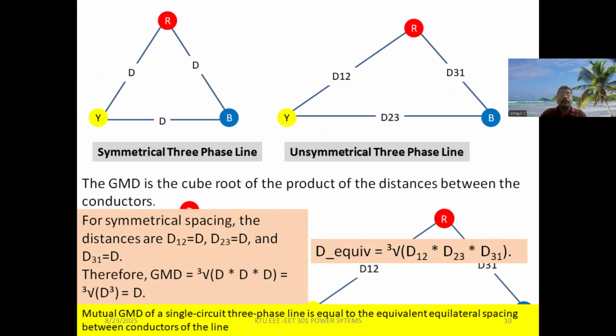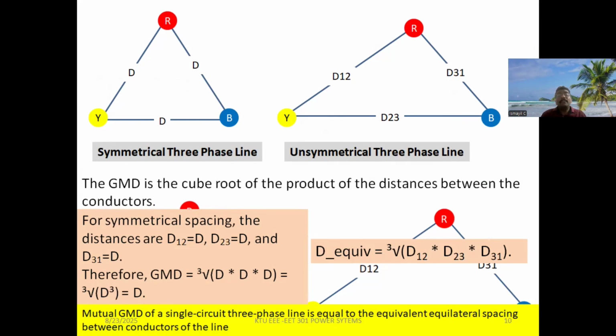Therefore, GMD is equal to the cube root of the distance between R and Y, that is D, the distance between Y and B, that is again D, and the distance between B and R, that is again D. So by calculating, we can see that it is the distance between any one pair of the transmission lines. That is, the GMD of a symmetrical three-phase line is equal to the distance between any one pair of conductors.